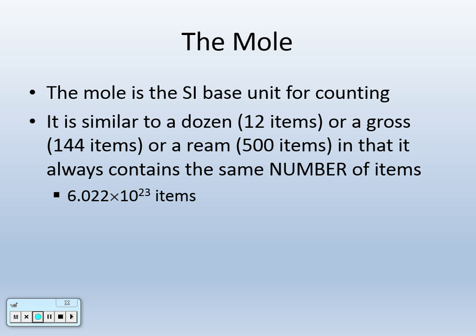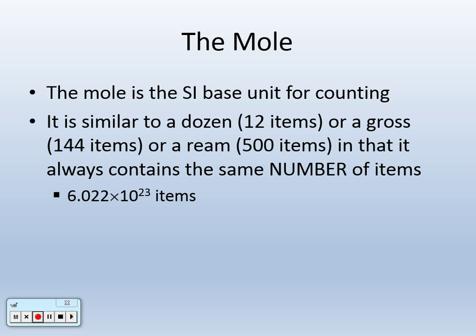That number is a really large number, 6.022 times 10 to the 23rd. Anytime we describe something as being a mole, we are always referring to the same number of things. Just like a dozen. When we describe something as a dozen, what does that mean? There's 12 of them. You can have a dozen donuts, or a dozen eggs, or a dozen school buses. It's still 12.